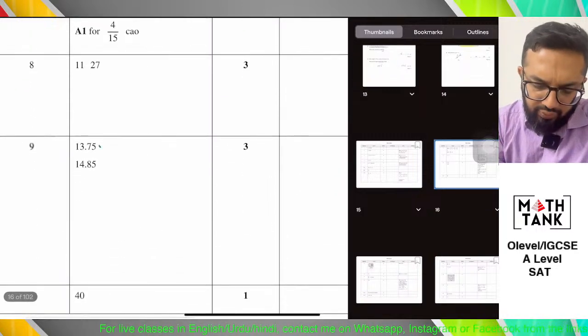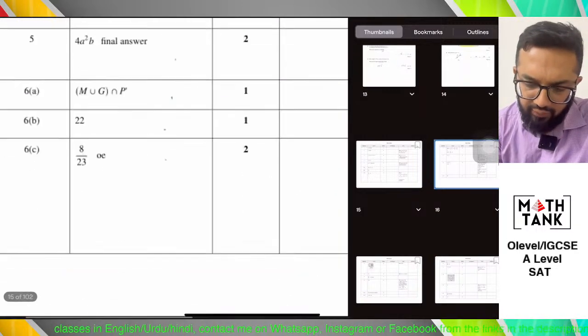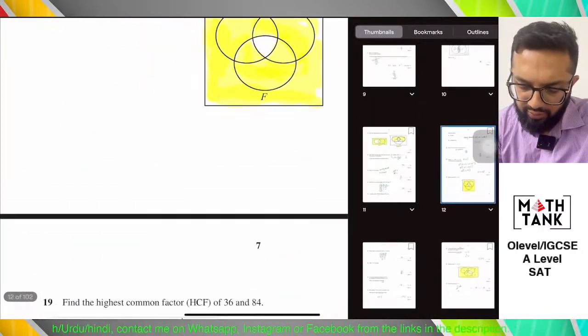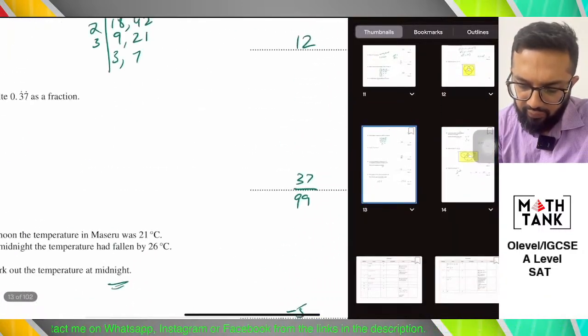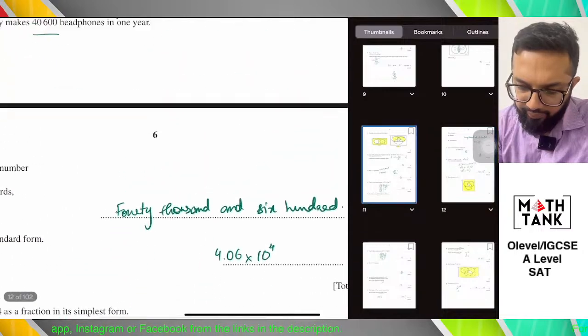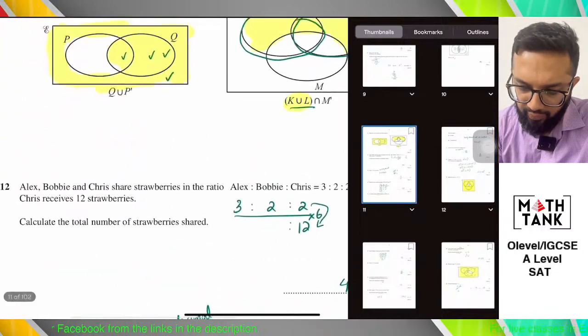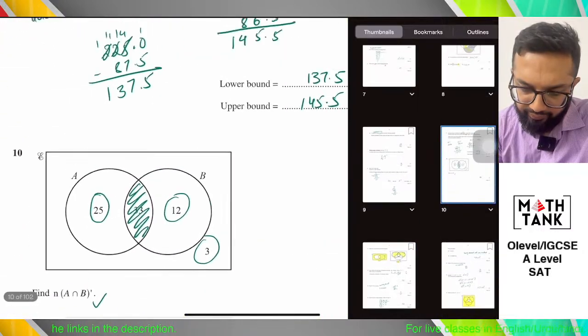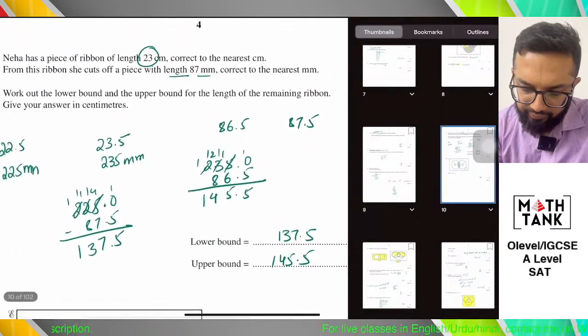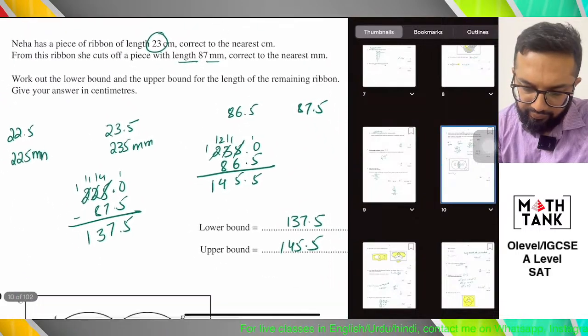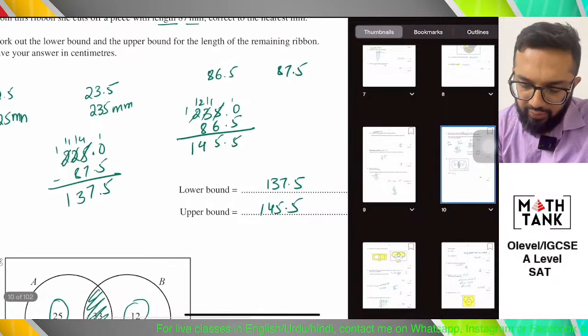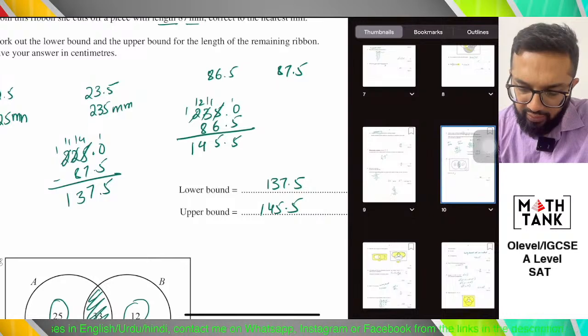These seem to be wrong. 13.75 and 14.85. Let's go back and check. 13.75 and 14.85. Oh, they're in centimeters. 14.85. I'm getting 55.